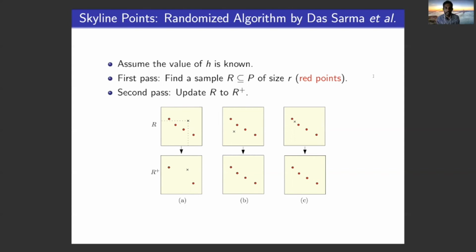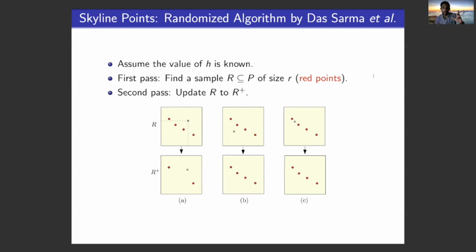So how is the sample constructed? Every point is visited independently and is sampled uniformly at random with probability r over n. So you have this bunch of points, shown in red in this figure, the 4 points corresponding to the set R, and think of them as our sample.